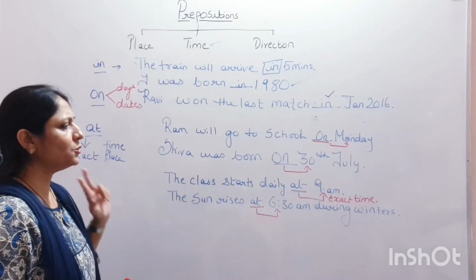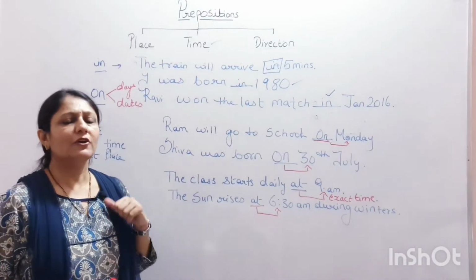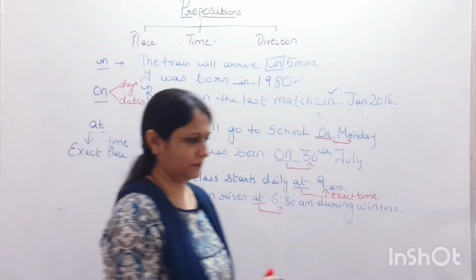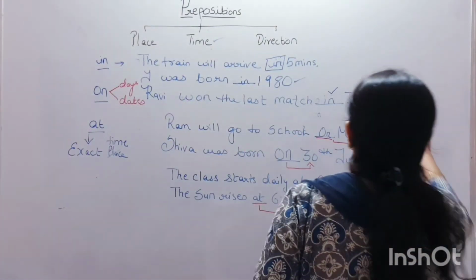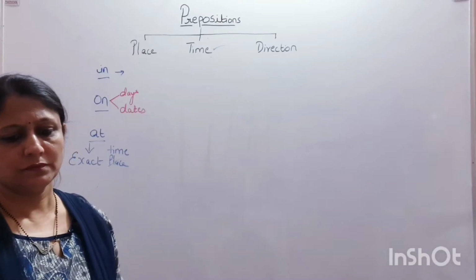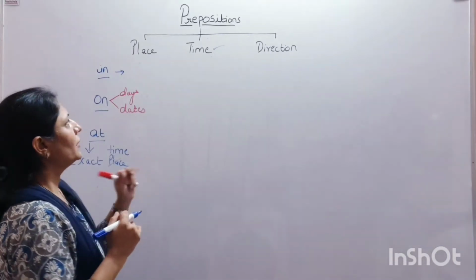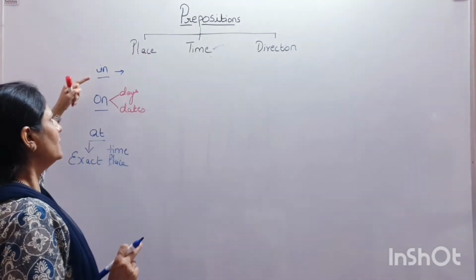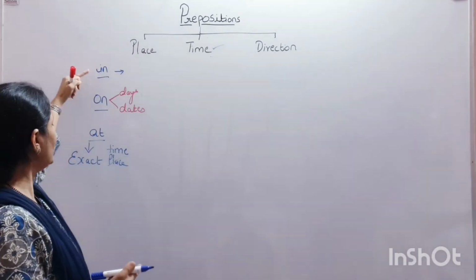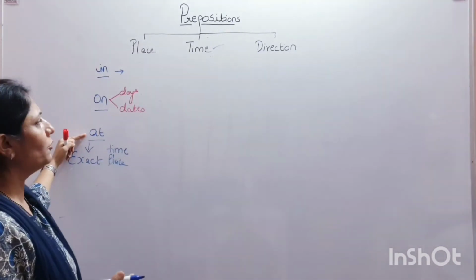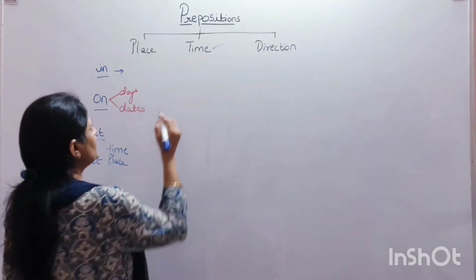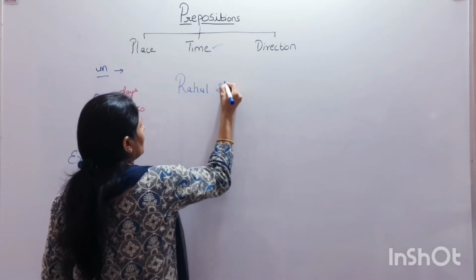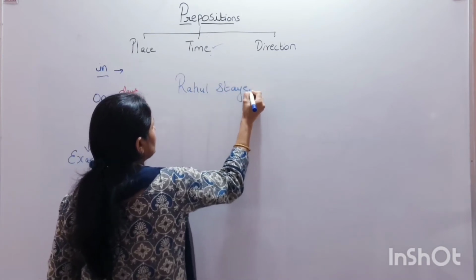Now I will tell you two sentences where we can put the preposition in as well as at. Okay, now I am going to tell you two sentences where the answer in will also be right and the answer at will also be right. The example is, Rahul stayed at the hotel.